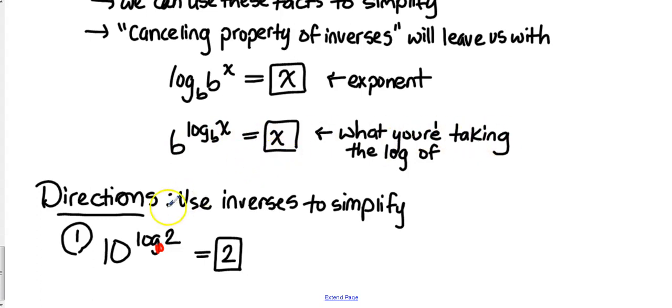It means we're just going to be left with what you were taking the log of, which was 2. If you want to write that out for yourself, what this really means is 10 to the log base 10 of 2. So 10 and log base 10 are inverse operations. They literally cancel themselves out, leaving us with 2.